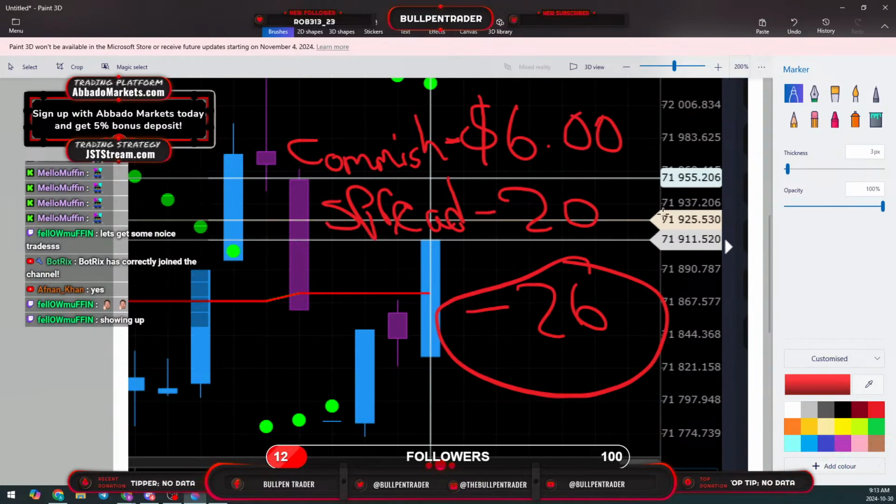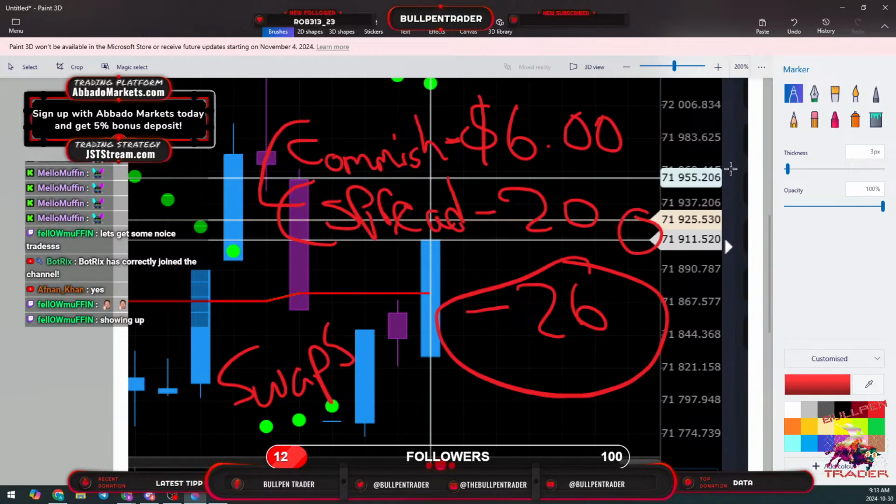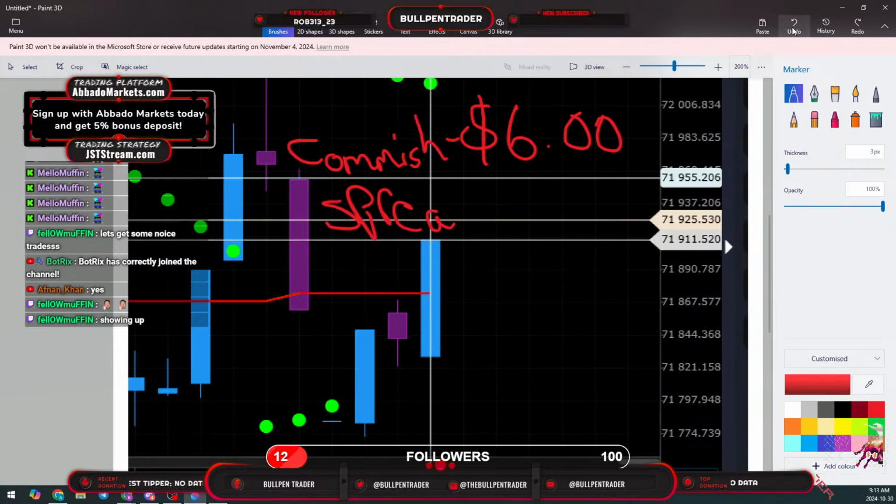So that's why it's very crucial that you use a platform that doesn't have commissions and only charges a small spread. All of these other platforms are charging commissions, spread, swaps, overnight holding fees, a fee on open, a fee on close, all of these fees that are completely eating away at any profit that you might have had, right?